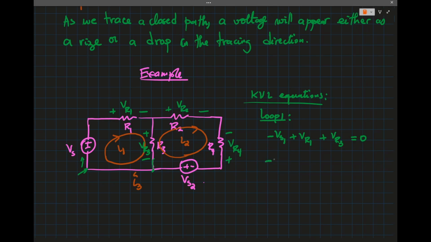I have minus vr3, because I cross the minus polarity of r3, then plus vr2, because that's the polarity that I cross there, minus vr4, and then minus vs2, that is equal to 0.